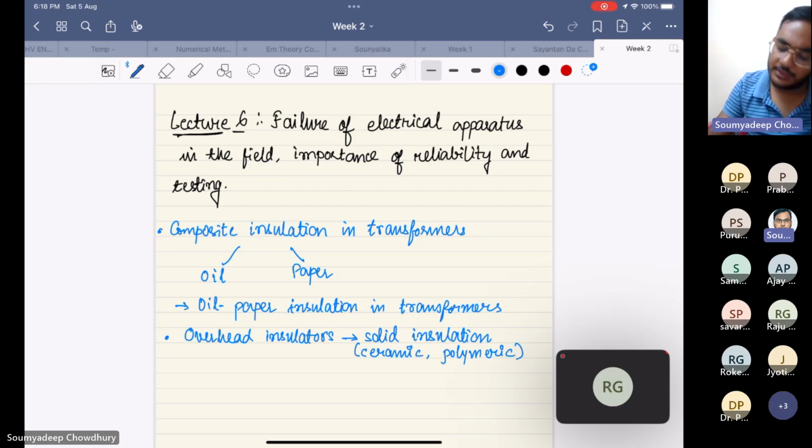So the recent research in this field is going on in the development of new polymeric materials for transformers or for overhead insulators and surge arresters. Because polymeric insulators are more advantageous when compared to ceramic insulators.